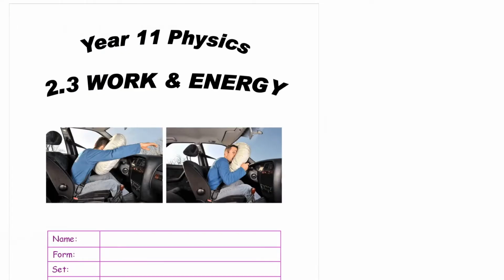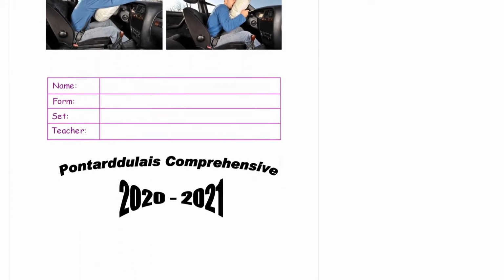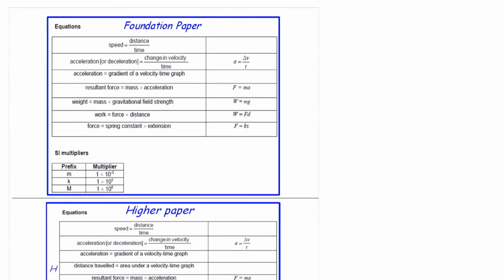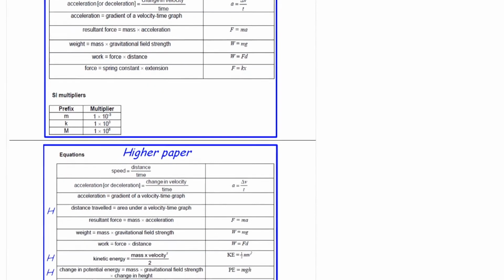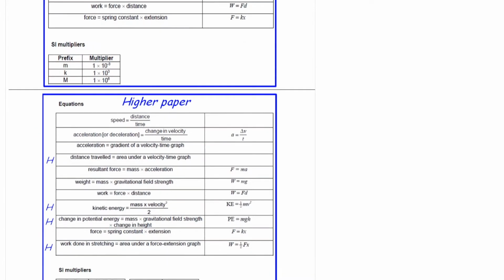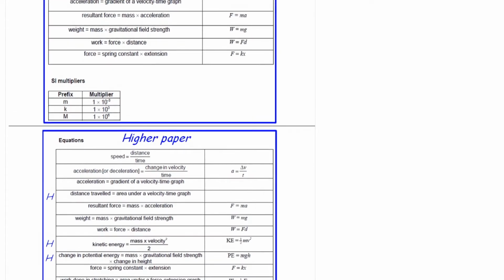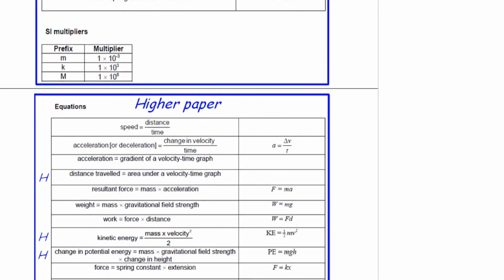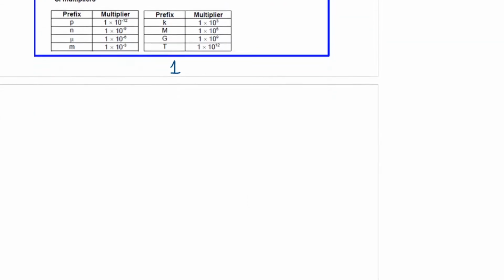So please start by just filling in the front of the booklet: name, form, set and teacher. As always, on the first page of the booklet you have the equations, both foundation and higher tier, that will be given to you in your exam, with the multipliers, SI standard international multipliers for foundation and for higher tier.